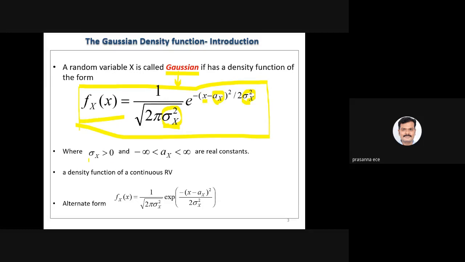Sigma is a constant greater than 0. a_x is a constant which can lie between minus infinity and plus infinity, and both are real numbers. Any random variable which has a density of this form, shown circled in the yellow line, is called a Gaussian random variable.